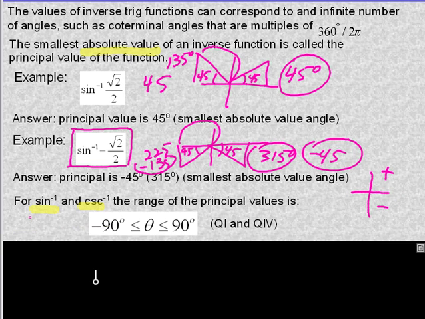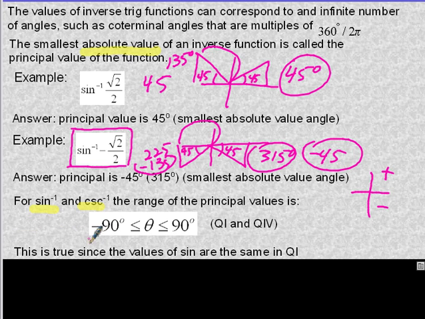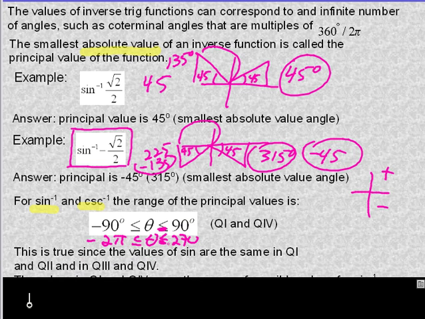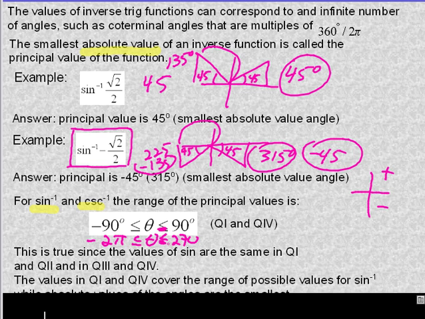negative 90 to positive 90, which is also negative pi over 2 to positive pi over 2. I think the equal sign does not belong there. All right. This is true since the values of sine are the same in quadrant 1 and 2 and 3 and 4.